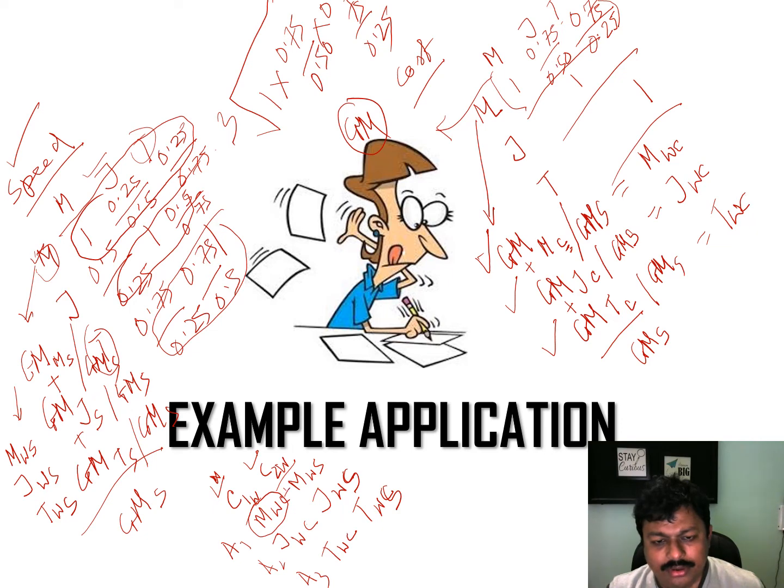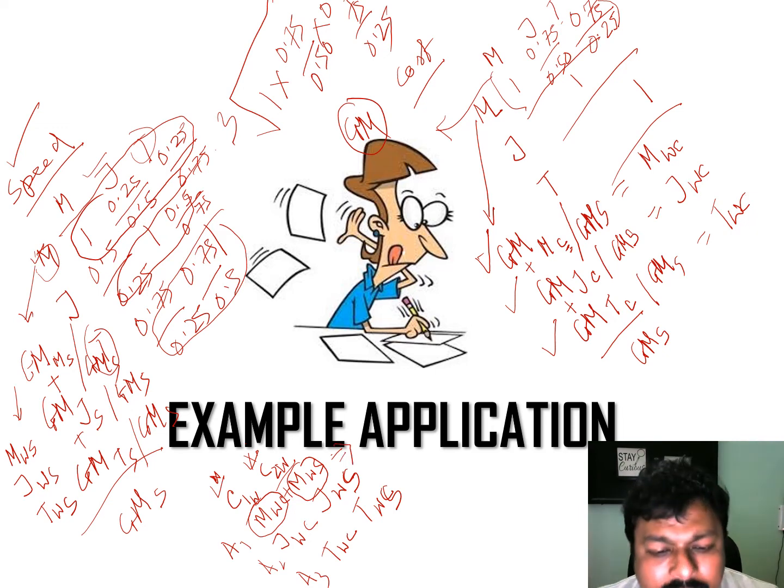Then you add it with the product of weightage of alternative 1 with respect to criteria 2 and the weightage of significance of criteria 2. So this will give you the product of importance of the alternative 1 with respect to the weightage of significance of both the criteria.